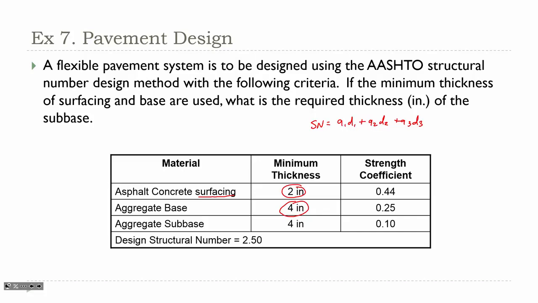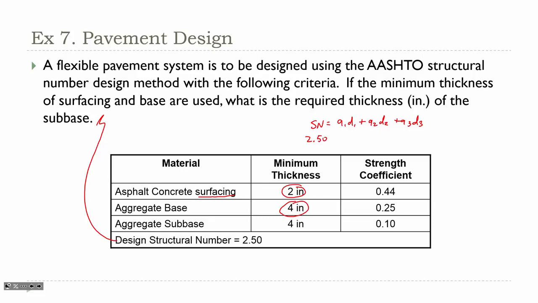So getting the overall structural number for the pavement, we want... this should be up here in the problem. If we assume the design structural number is 2.5, that's what we're trying to achieve. If you remember that ugly nomograph that we used in 342, that nomograph is what would give us the 2.5.